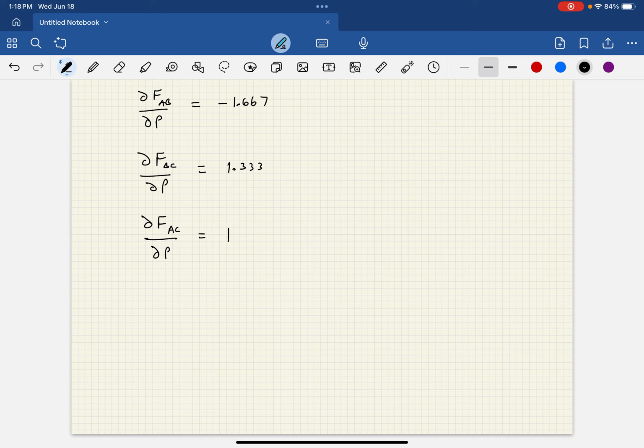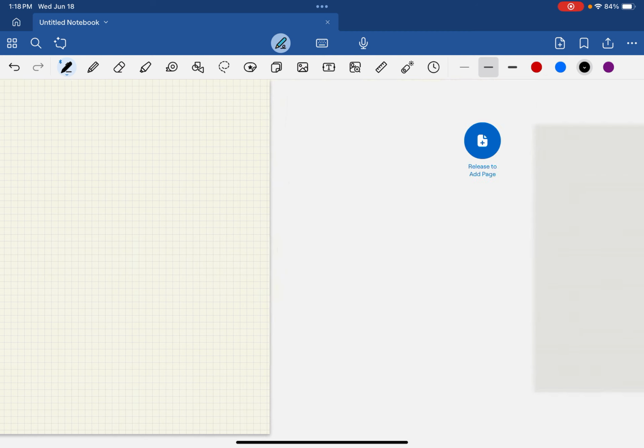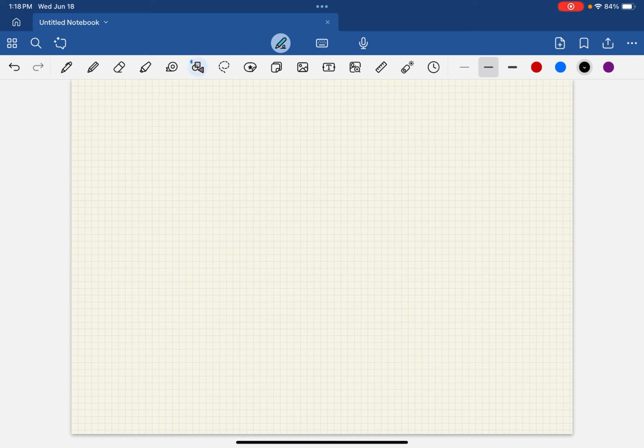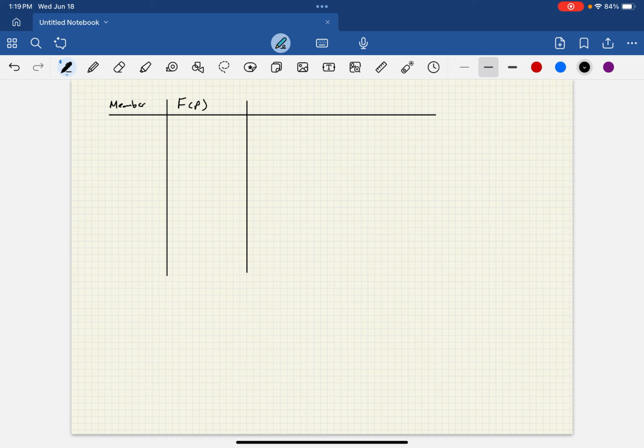Now, finally, what I can do is set up a table and help myself piece all of this together. So I'm going to turn the page again, and I'm going to generate a nice organized table. I'm going to write member here, okay? And then I'm going to write the force as a function of P. And then I'm going to write dF/dP, have a column for that. And then I'm going to generate another column. This is going to be the force when P equals 0.